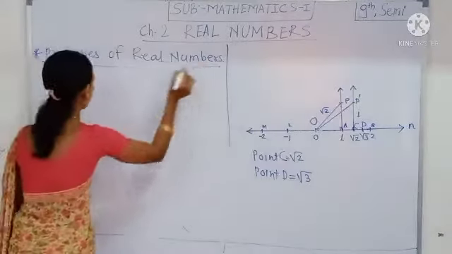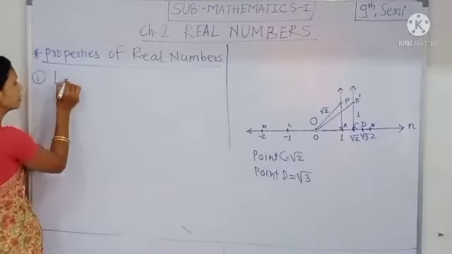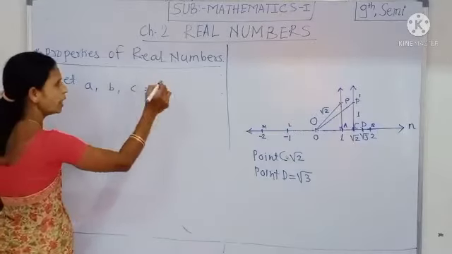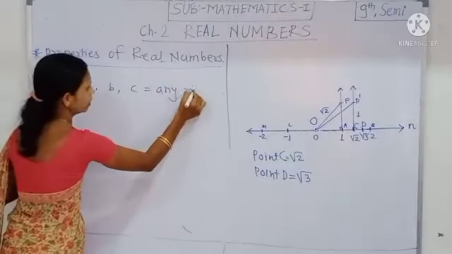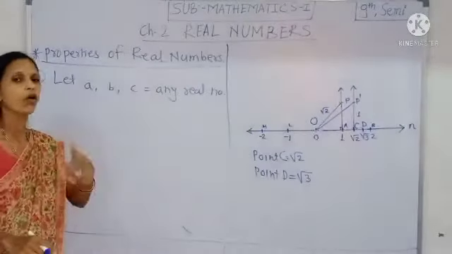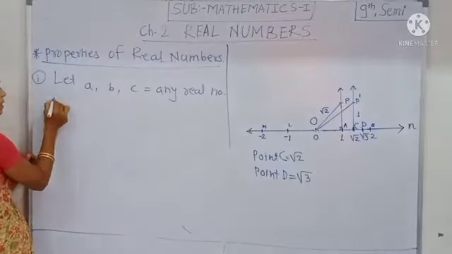See here, one of the properties: let us consider A, B and C are any real numbers. That means they may be rational or irrational. Then there are three possibilities.